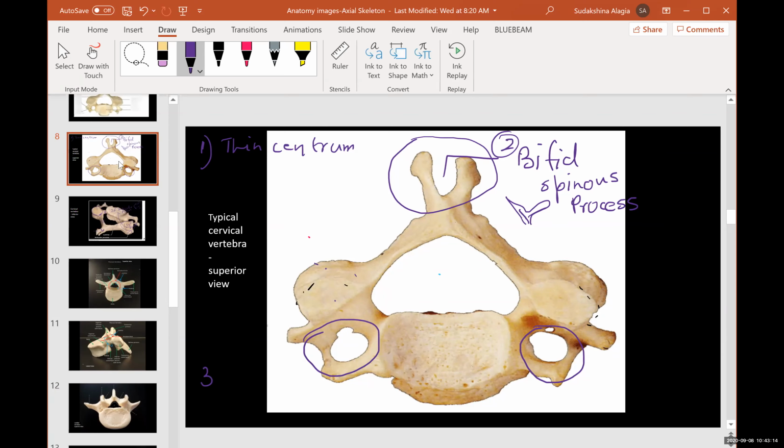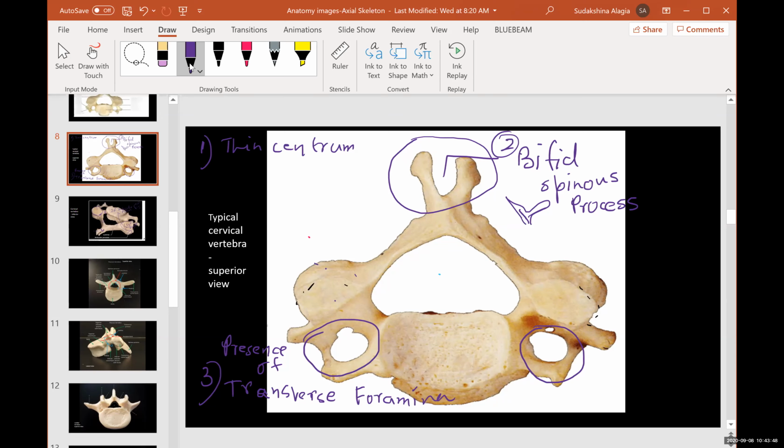This is the third characteristic, a unique feature: presence of transverse foramina.